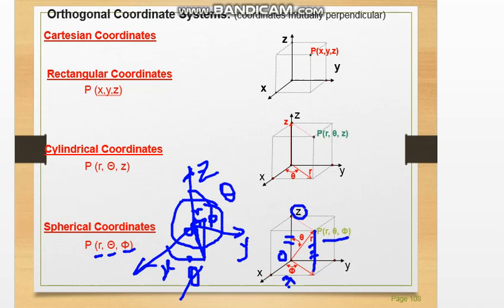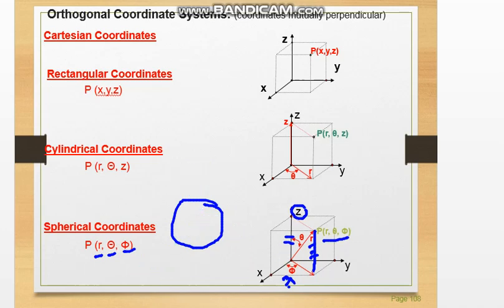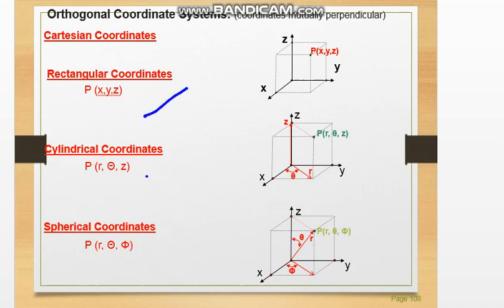So after all, we have finished the three coordinate systems, and we have to convert the coordinate systems to each other. If you know the rectangular coordinate system, you have to know how to convert it to cylindrical, and vice versa. If you know the cylindrical, how to convert it to spherical, and vice versa.